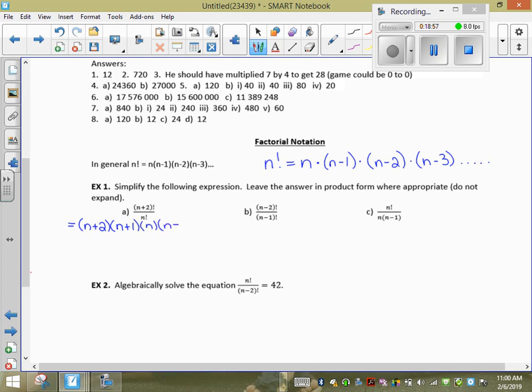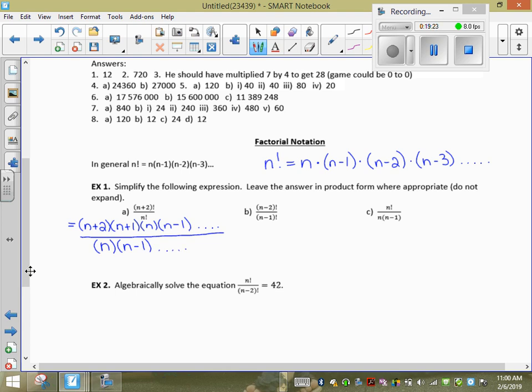N minus 1. And it would keep going, wouldn't it? On the bottom, we have n factorial. So we start off with n. And then what's 1 less than that? N minus 1. And I would keep going. We agree?